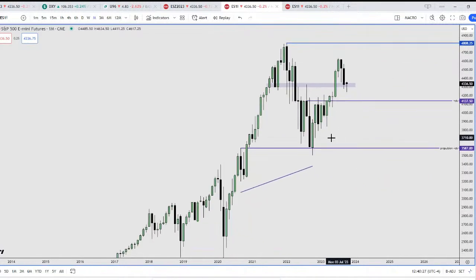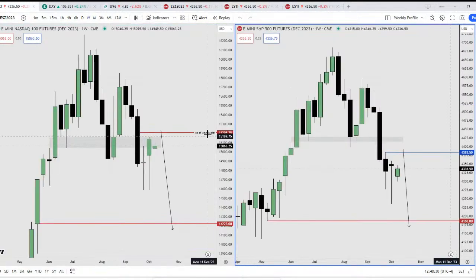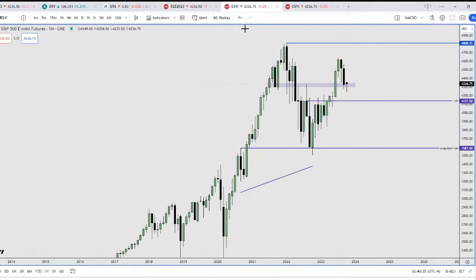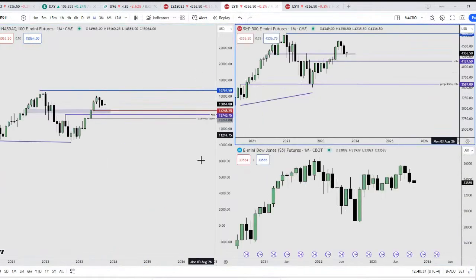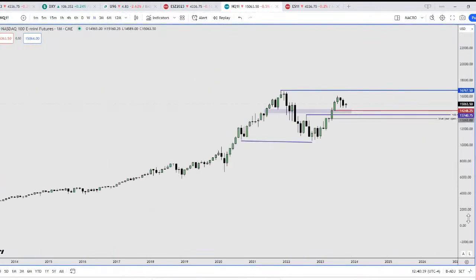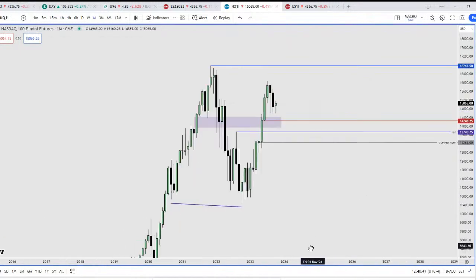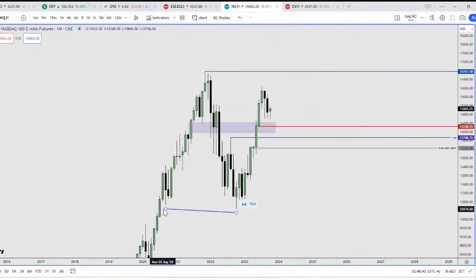Okay, so let's start the analysis. For Nasdaq right here, as you can see, we have low lows, but yes, we have higher lows.